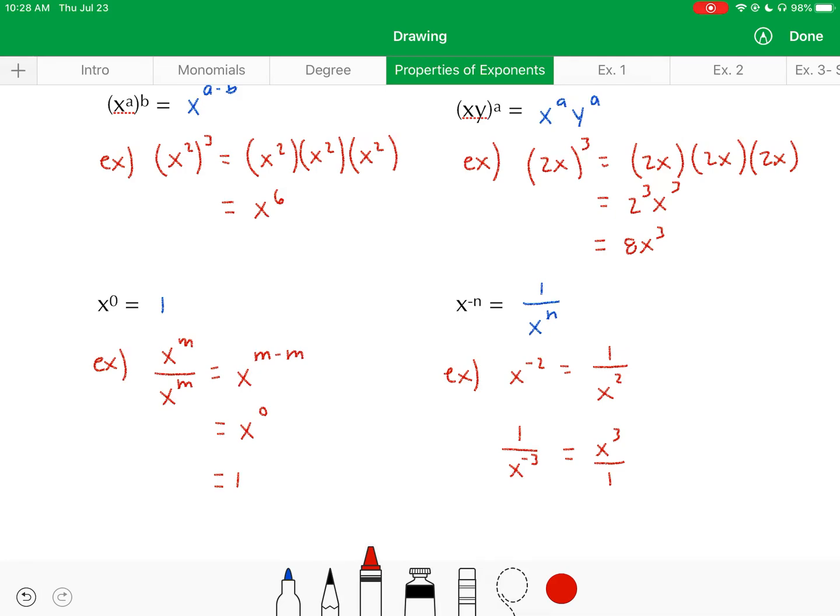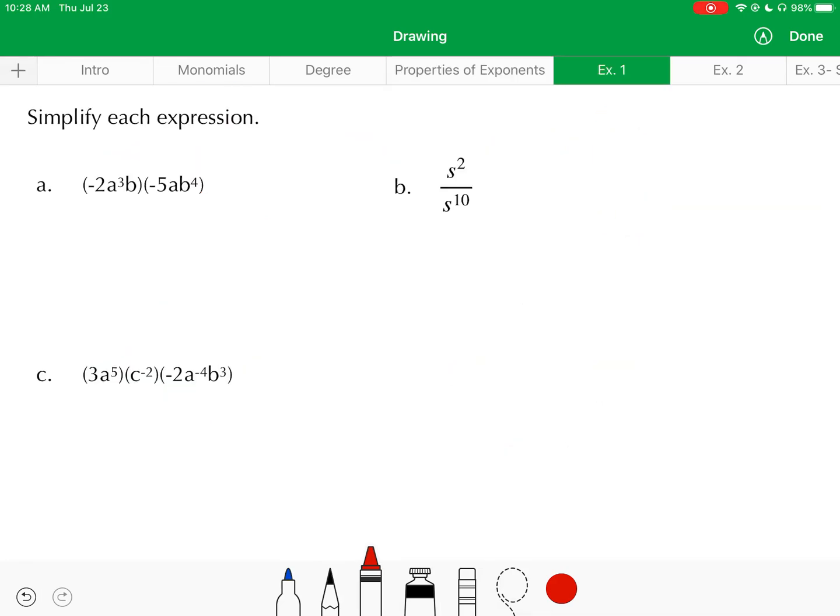Okay? All right, some examples to utilize these various properties. Think of these problems as nothing more than operations on monomials where you have to apply these properties of exponents. So negative 2a cubed b, that's a monomial that's multiplying negative 5ab to the fourth.